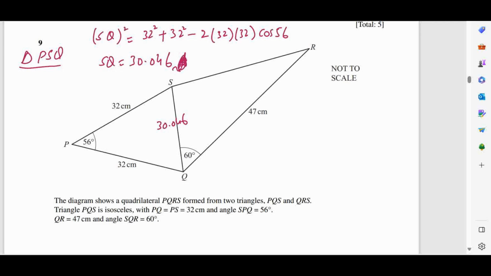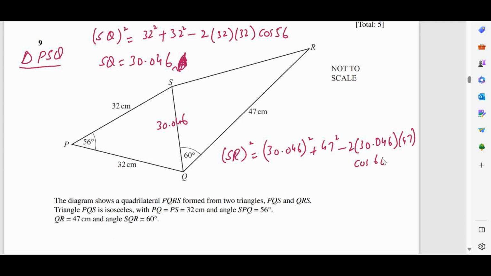Now for SR, we will use this triangle. So SR whole square will be equal to 30.046 whole square plus 47 square minus 2 into 30.046 into 47 into cos of 60.